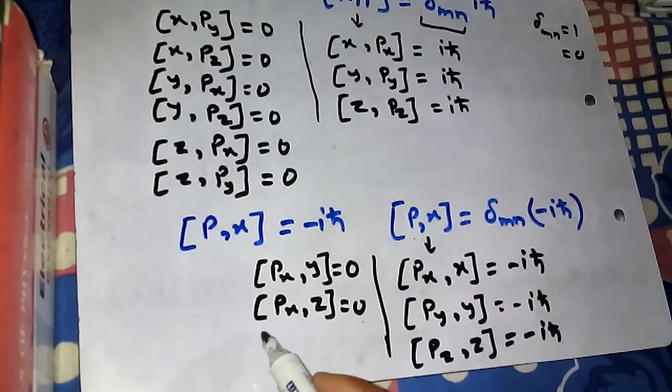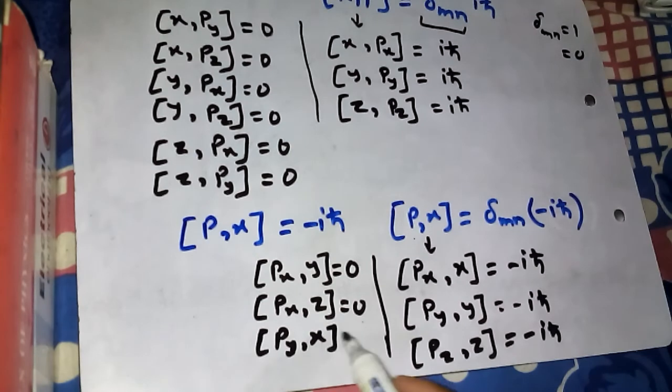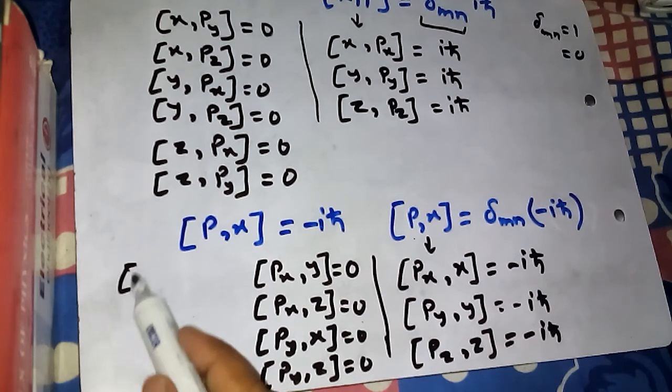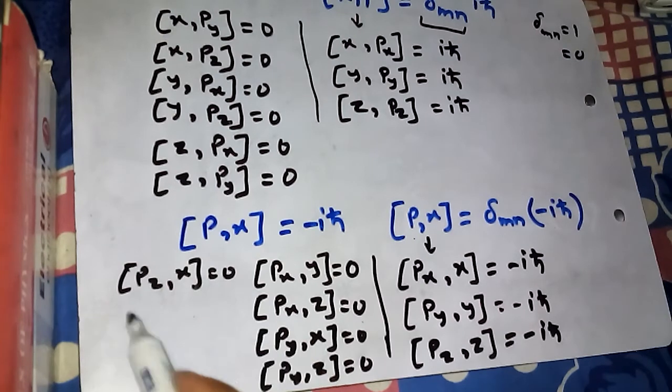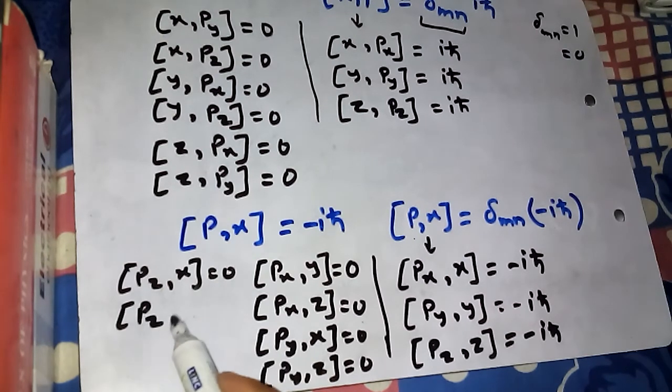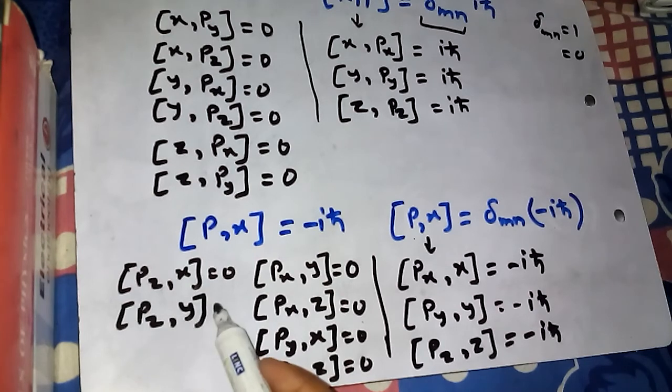Similarly, p_y and x will give you 0, and p_y, z here will give you 0. Also p_z, x will give you 0 and p_z, y will give you 0. So these are the relations.